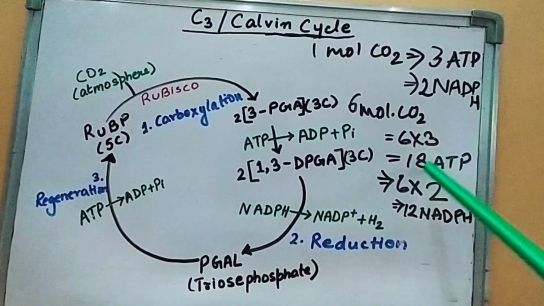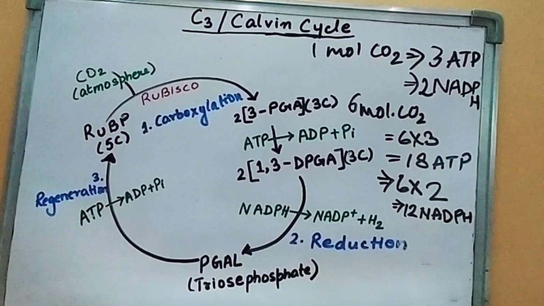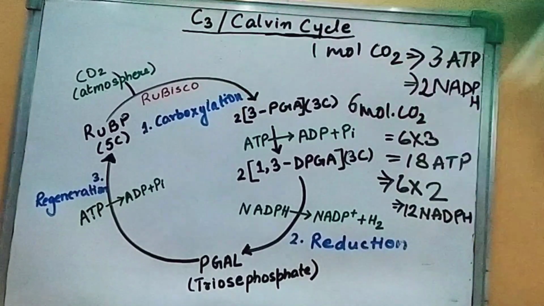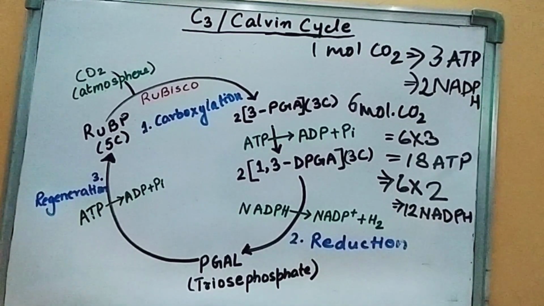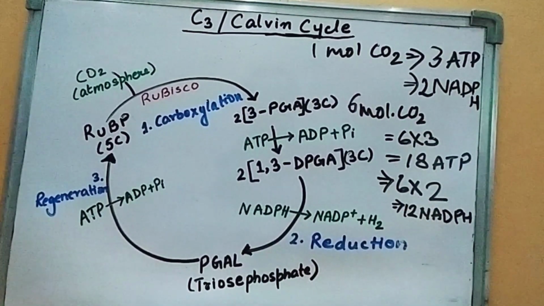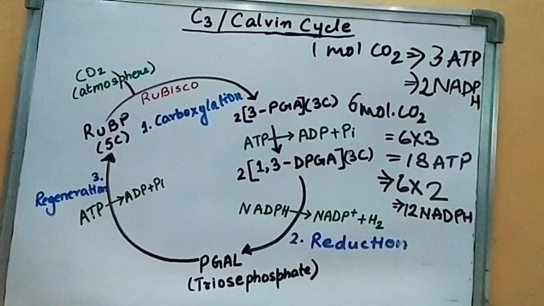So a total of 18 ATP and 12 NADPH will be used in producing 1 molecule of glucose by using 6 carbon dioxide molecules. So 6 times the Calvin cycle will go through to use this number of molecules of ATP and NADPH. So this was the important part of the Calvin cycle, to know how many ATP and NADPH will be used throughout the process.